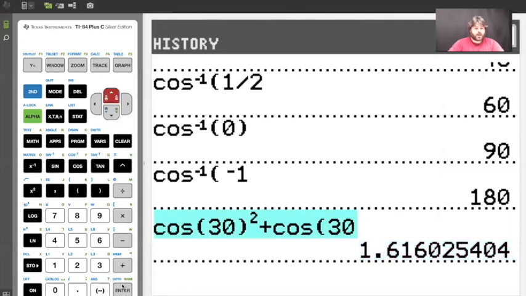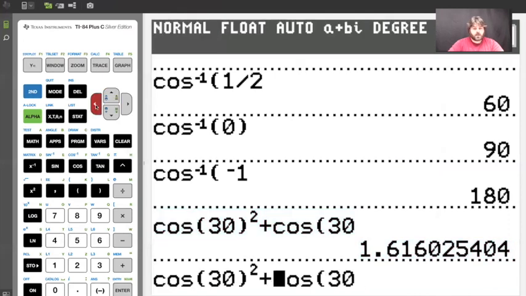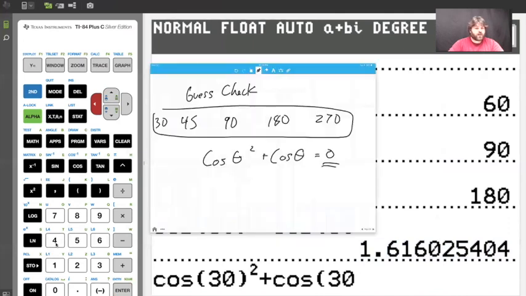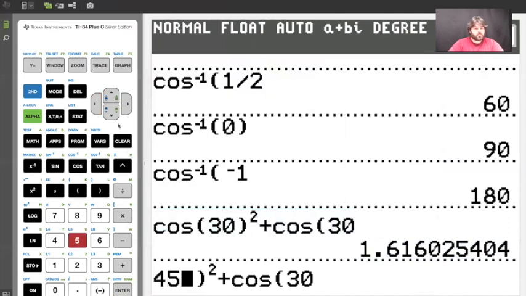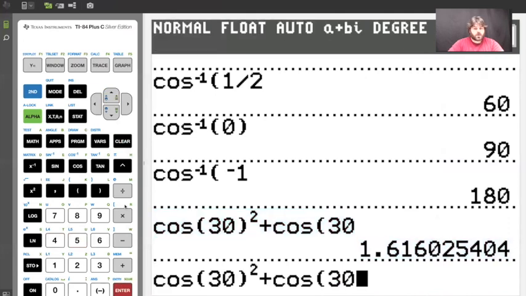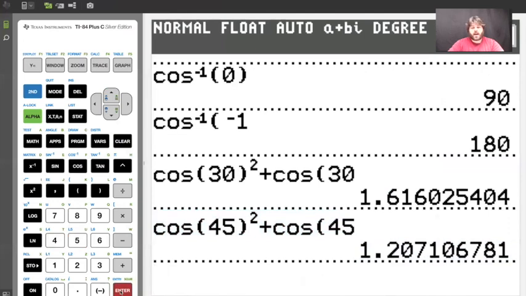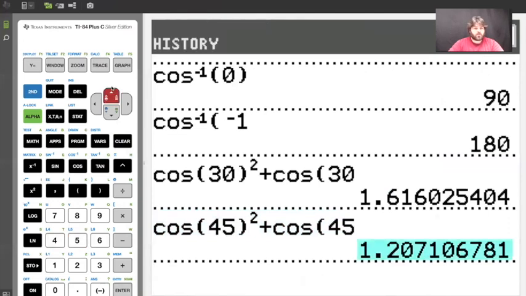Remember, I can go up here and hit enter and it retypes it in. Sometimes this saves you a little bit of time. My other option was 45. So I change this to 45, change this to 45, and I realize it's not equal to 0.